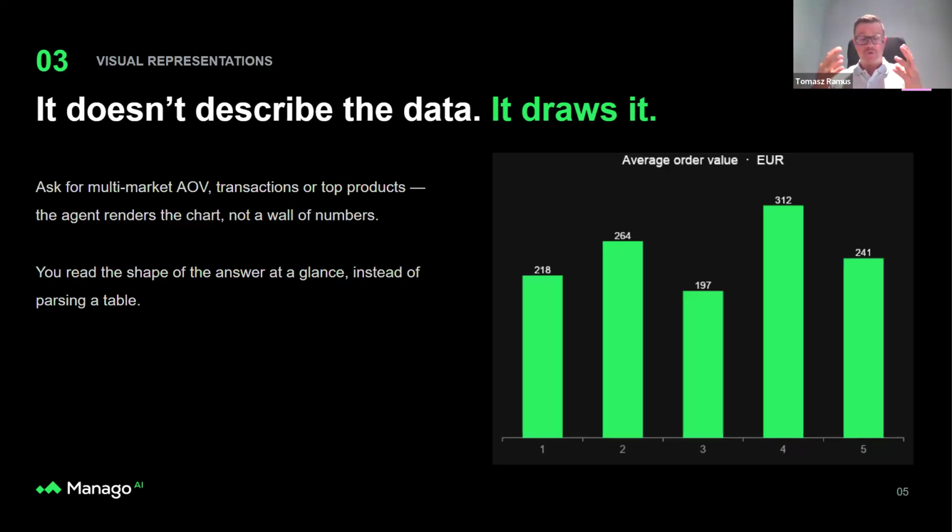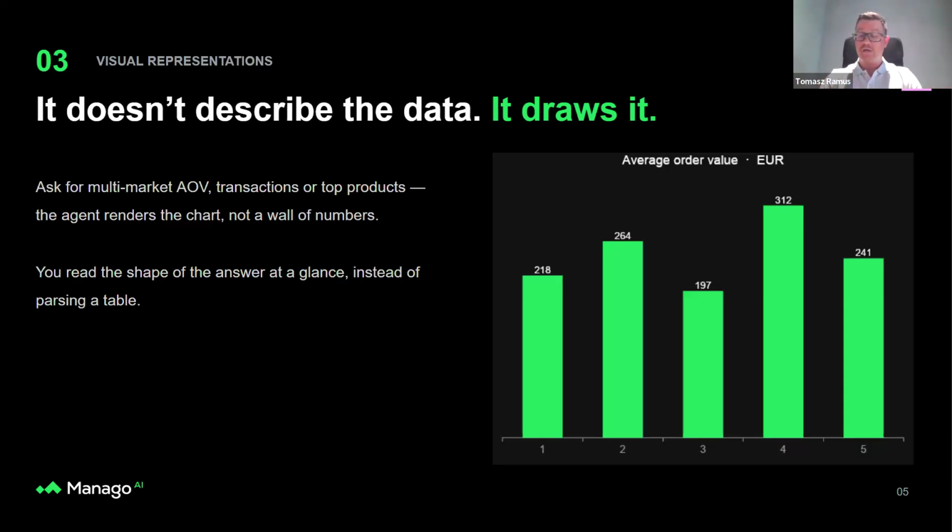It does it at its own discretion, but it will present visual representations of your data more often than not. That's because it's much easier for us humans to interpret visually represented data instead of reading it.